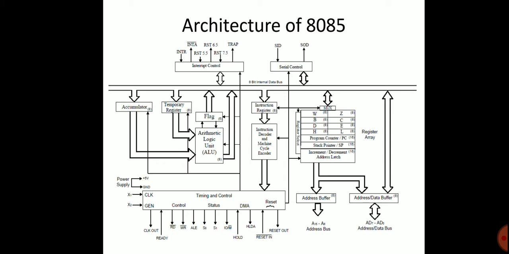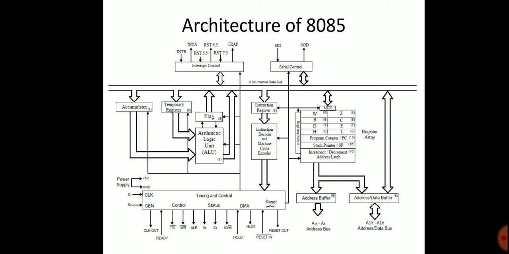The address and data bus buffer is an 8-bit bidirectional buffer. It is used to drive the multiplexed address and data buses, therefore the low order address bus, that is A7 to A0, and data bus D0 to D7. The interrupt control has 5 interrupt control inputs.